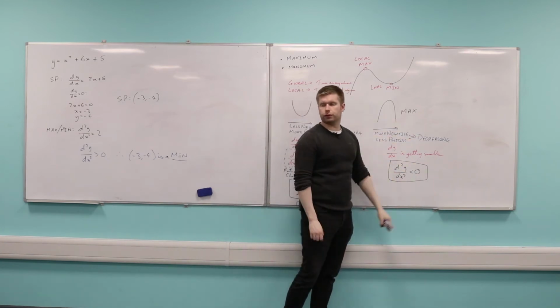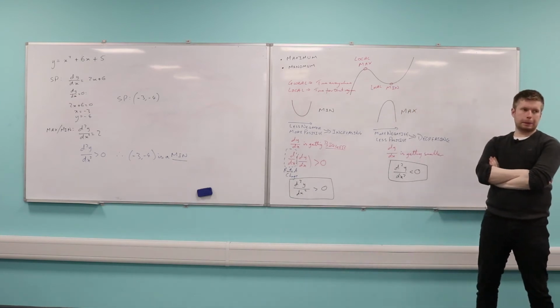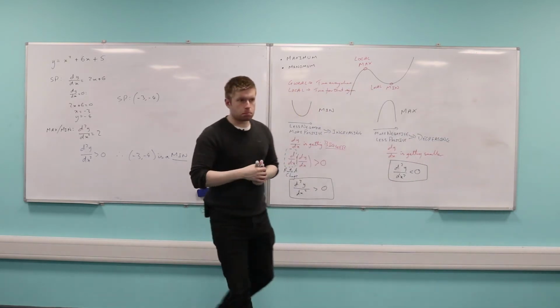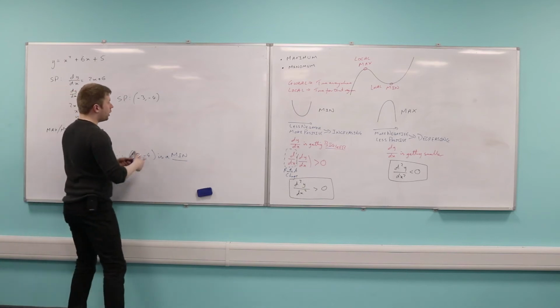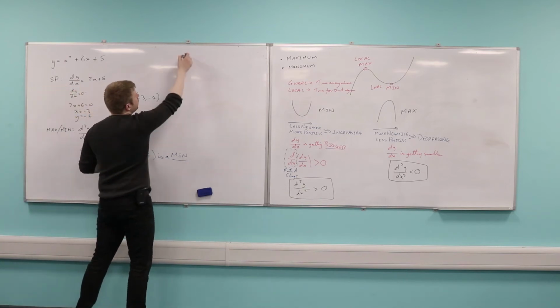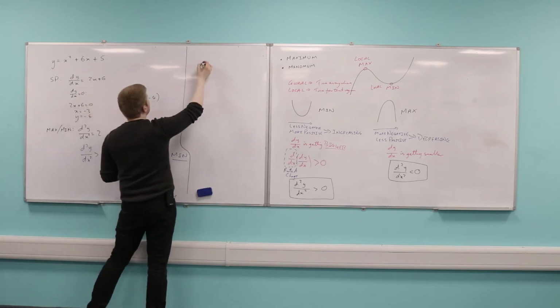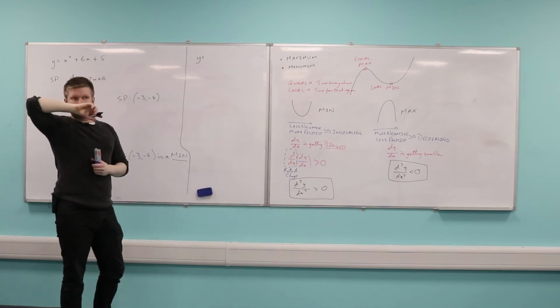Okay, so second derivative. What if we differentiate it again, and it will be like 2x or something? Good point, good point. So let's do it with another example. Okay, so what about if I gave you something like this? x cubed.